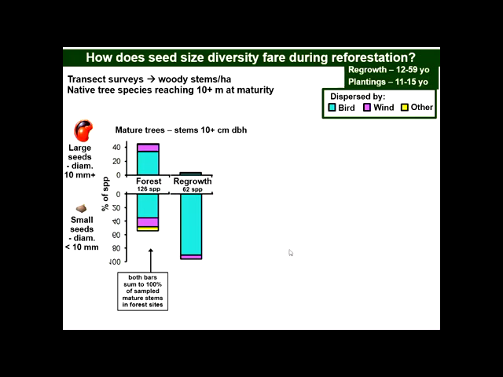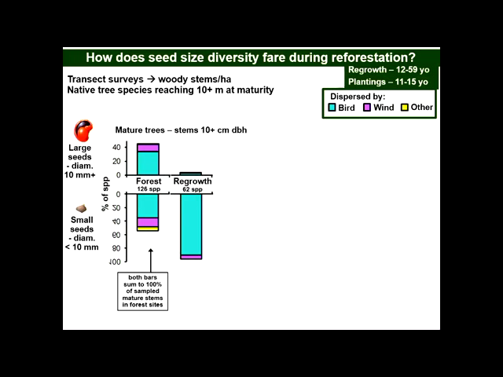Well, almost all the stems in the regrowth have reasonable diversity of species, but they are small seeds dispersed by birds. But that's for the established trees, okay? Now, if it's moving in the direction that we want, you might think, well, what about the smaller things that have come up more recently?